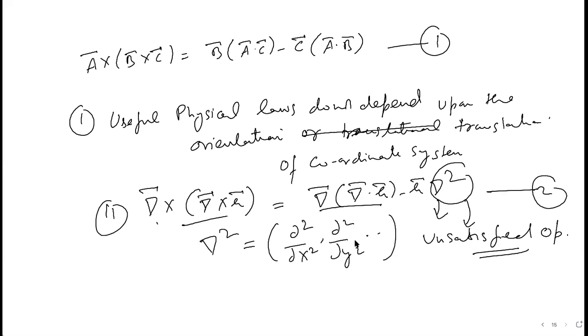Sir, del square should be in front first, so that it will operate on H. Yeah, that's a very nice observation, Zumi. Del square should be in front so that the equation could make sense. Could someone try to elaborate a bit more?